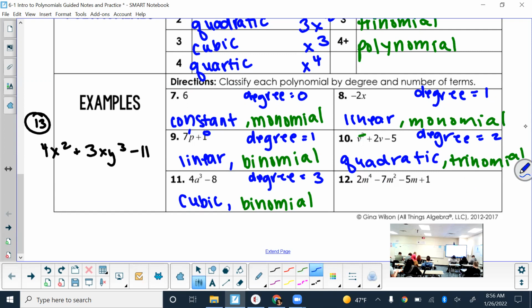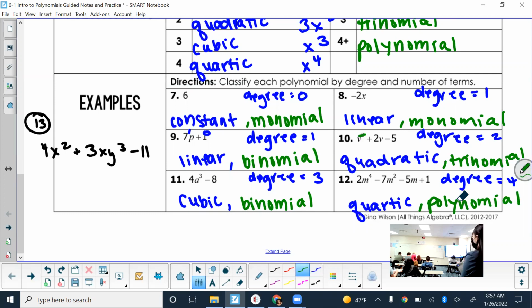What's the overall degree? 4. And that makes this quartic, and how many terms? Polynomial. What if it had 5 terms? Then what would it be? Still a polynomial. So 4 or more terms makes it officially a polynomial.